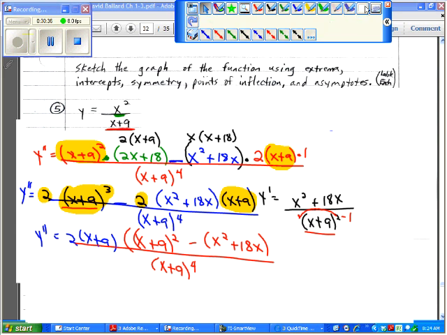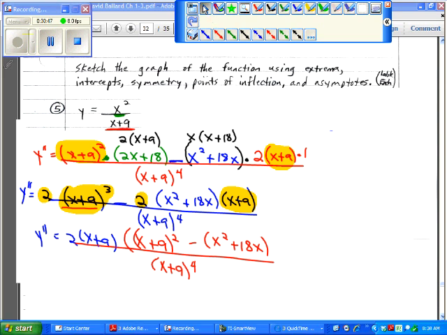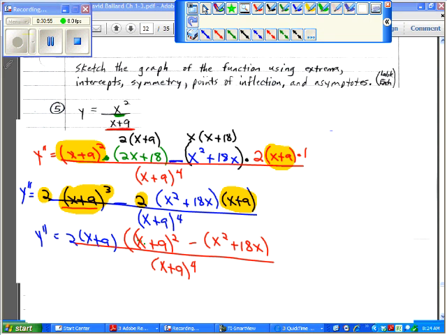Now I'm going to take the first derivative out of the way. We're done with that. Now we're going to deal with what's in here.